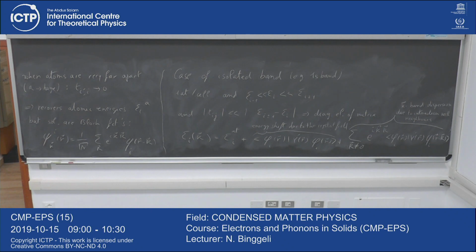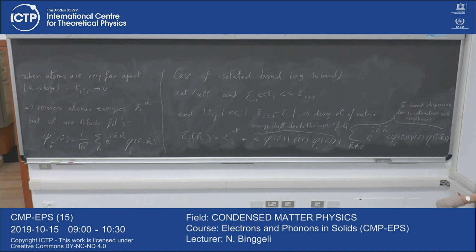It's the matrix element that involves the atomic function on other sites than the reference site. So the dispersion of the bands measures the interaction with the neighboring atoms. The larger the interaction with the neighboring atom, the larger the bandwidth. Okay?